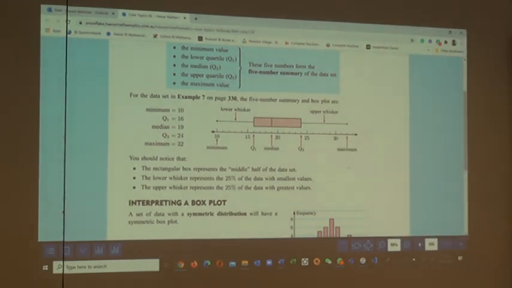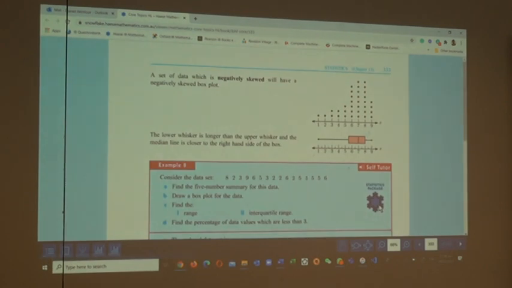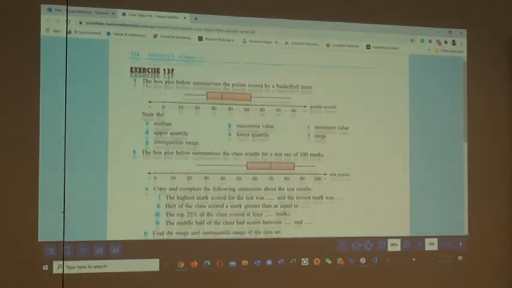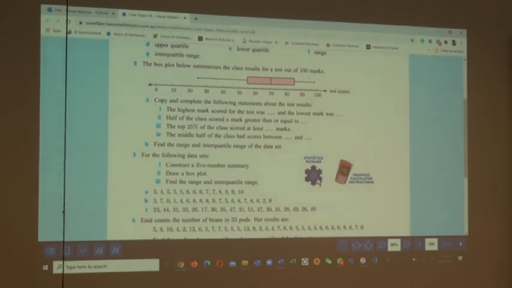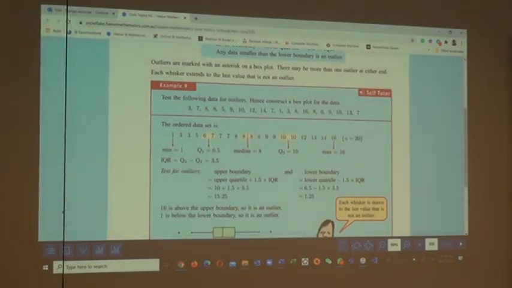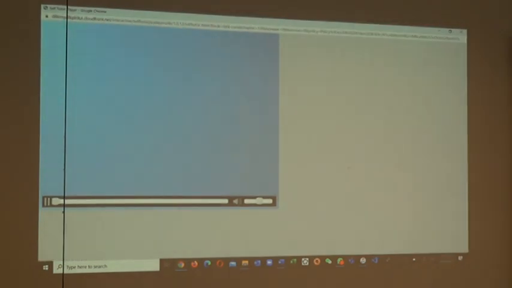Understood? Mr. Daniel, yes, quickly. So for the upper and lower whisker, you take the upper one is Q3 plus 1.5. No, no. That has nothing to do with the whisker. I mentioned that for the boundary of the outlier. So are you asking about the outlier or are you asking about the whisker? Or maybe you could just wait while I play the second one.